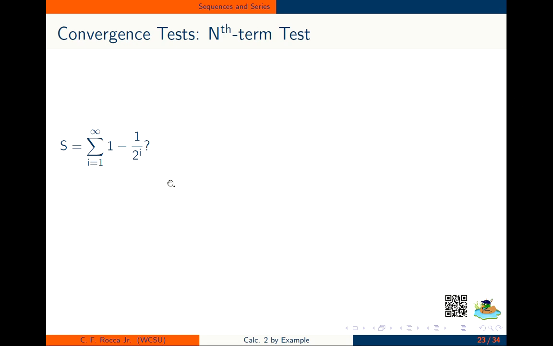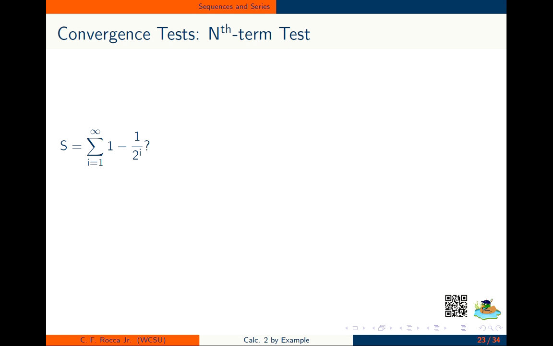Hi everyone. In this video we're going to look at some convergence tests for determining the convergence of an infinite series. In the previous video we looked at determining convergence or divergence of an infinite series using the definition of what it means to converge or diverge, which focuses on partial sums.